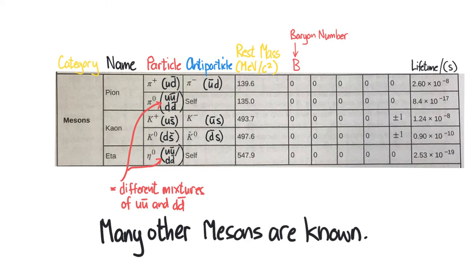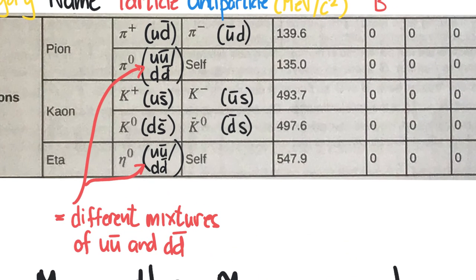If we look in more detail here, we see that the pi plus pion consists of an up and an anti-down quark. And the pi negative, which is the antiparticle, is exactly the opposite. It consists of an anti-up quark and a down quark. So it's exactly the mirror image of that.